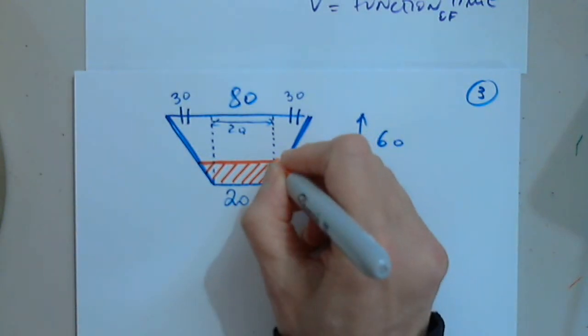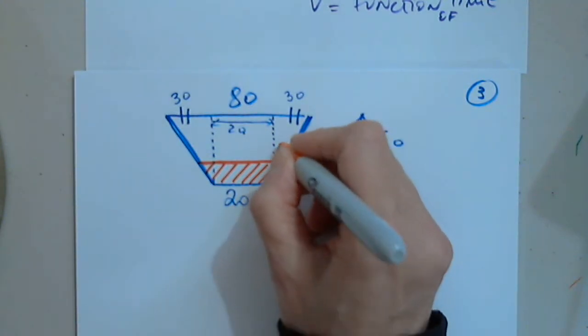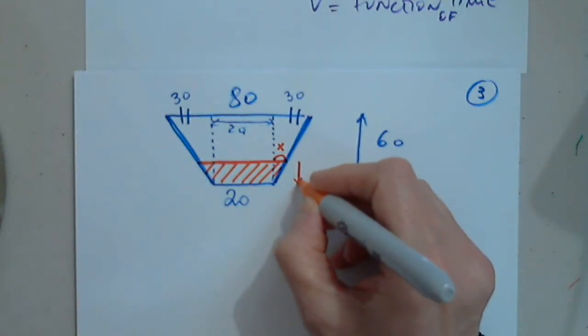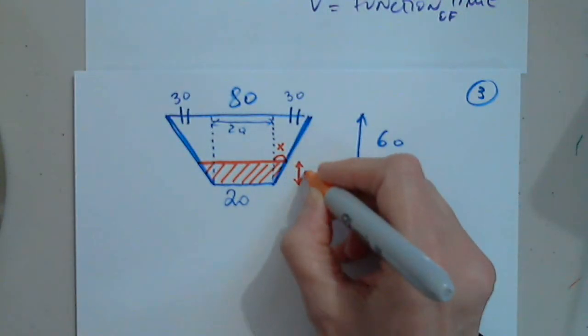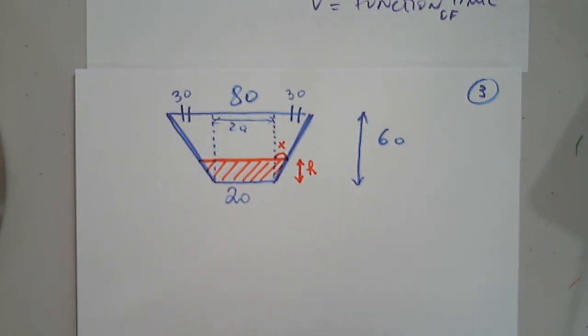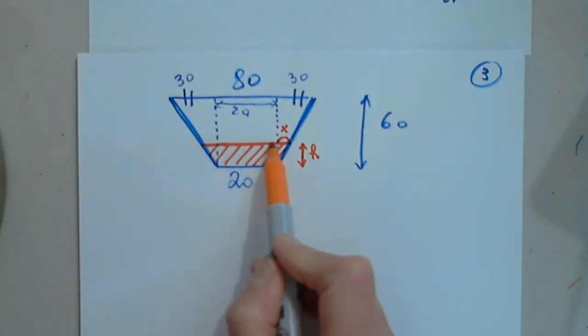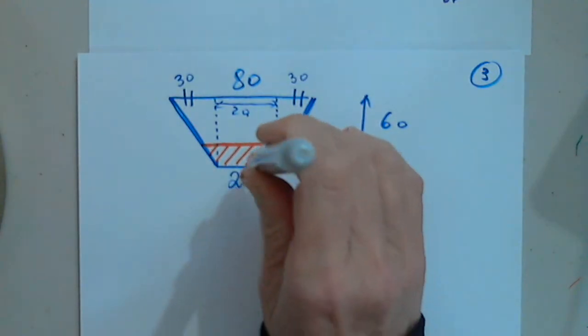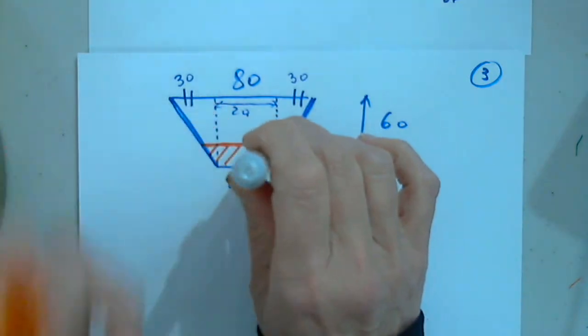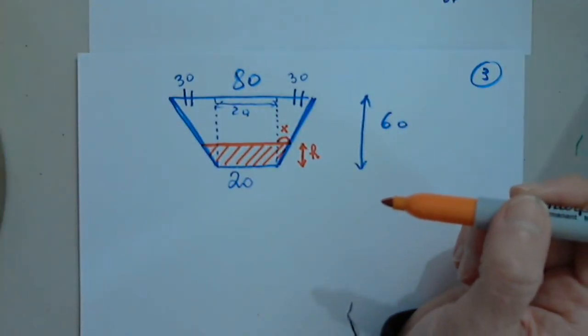This little piece here, I'm going to denote it by X. I'm going to denote this tiny height by Y. Again, what am I trying to find? I'm trying to find this area, and then I'll multiply by the height of the trough, which is 10 meters, and then I'll get the volume of water.